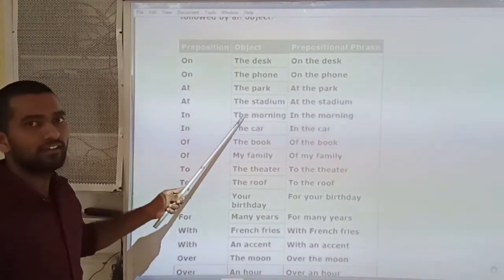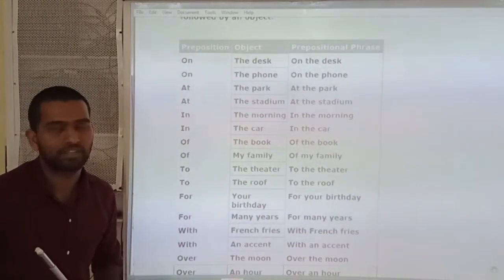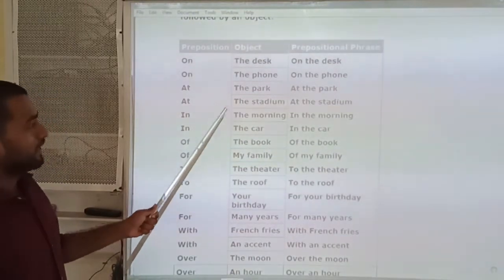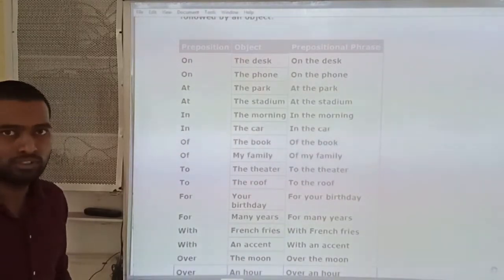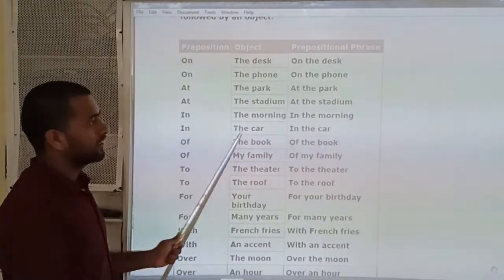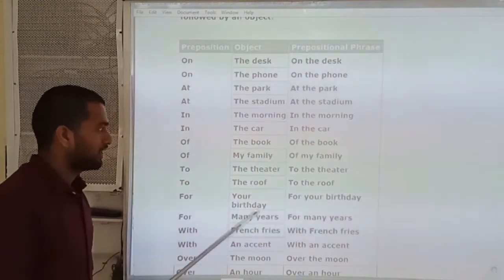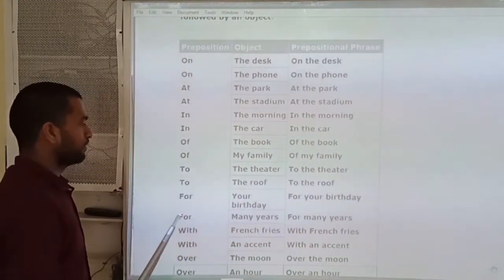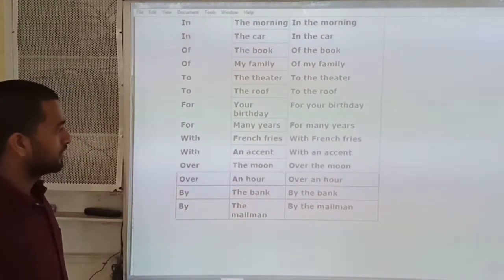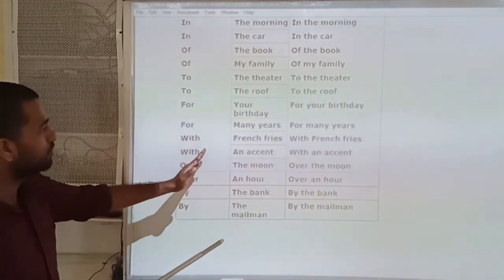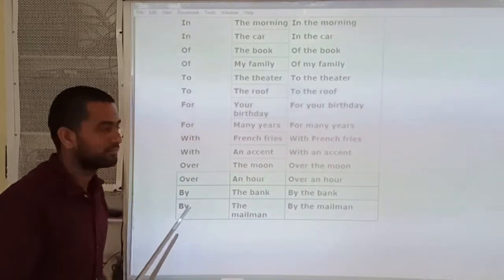I told you this when I was explaining the preposition in. For night we use at, for morning, afternoon and evening we use in. So, in the car, of the book, of my family, to the teacher, to the roof, for your birthday, like this. There are so many examples. These are just the most frequently used prepositions before these objects. That is why I mentioned them here.